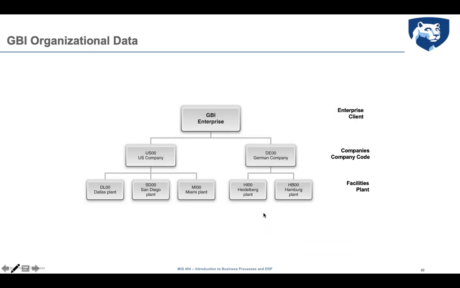In the case of GBI, you should be familiar with that by drawing the organizational chart. GBI Enterprise is the client, which includes two different companies and company codes, US and German, and then within the US company, for example, we have seen that we have 3 plants. These 3 plants represent facilities which are coded in SAP as a plant organizational unit.